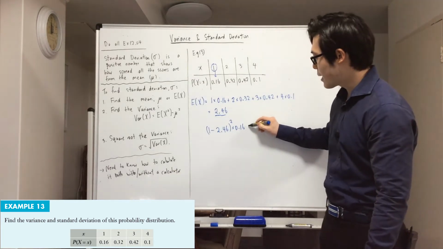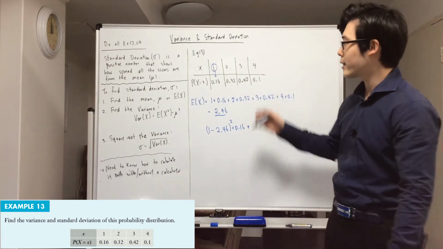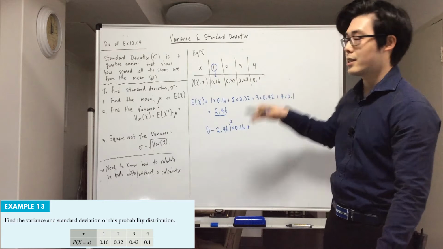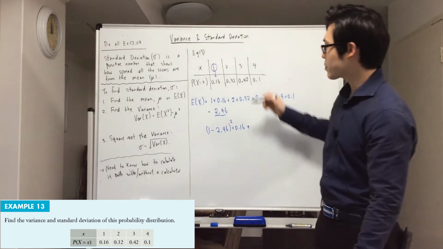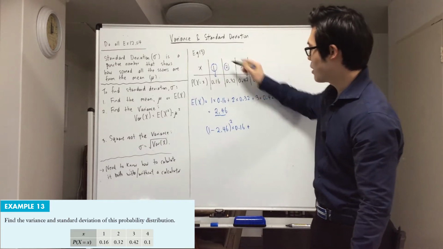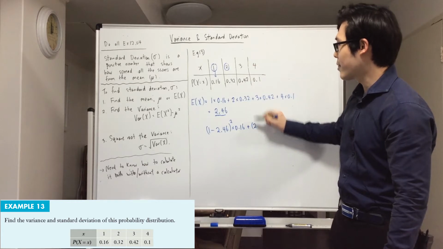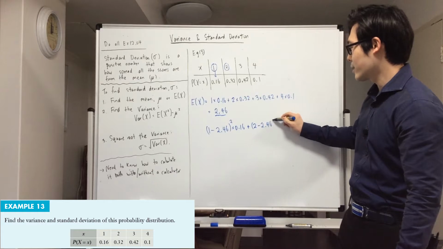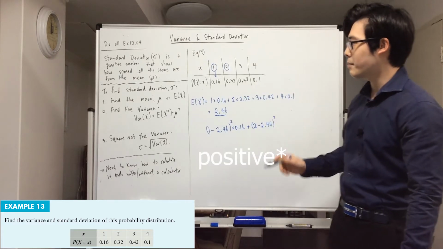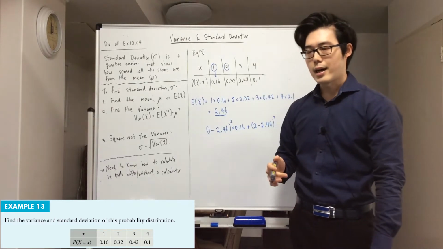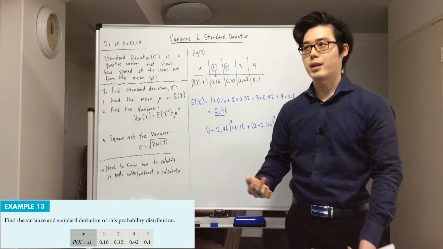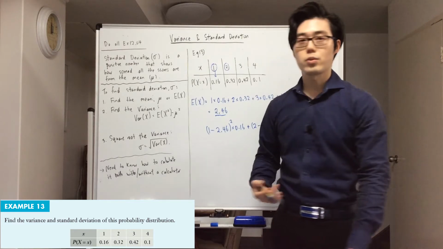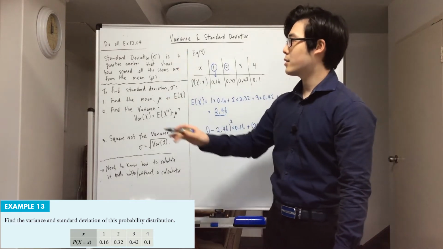Then I'm going to keep adding on, because we want to find out how spread out these scores are, each individually, from the mean. So let's take the next score, 2. We obviously want to know how far that score is off from the mean, so I'm going to take it away from the mean. And once again I'm going to square it, because otherwise that's going to give me a negative number. Just like how the mean is always a positive number, standard deviation is always a positive number.